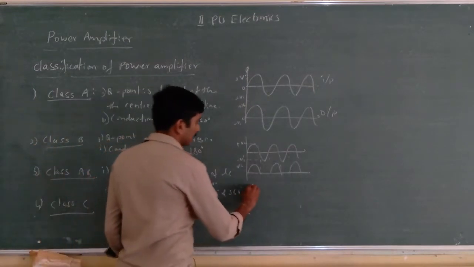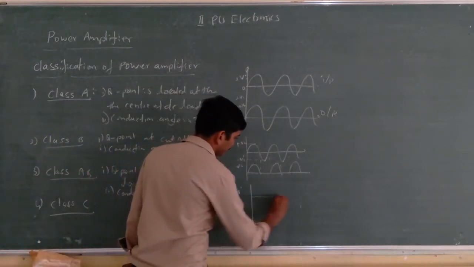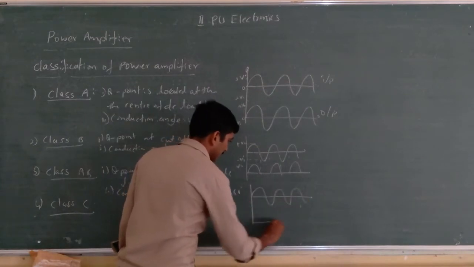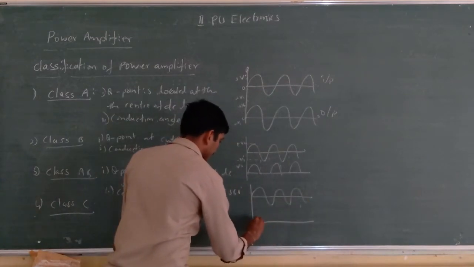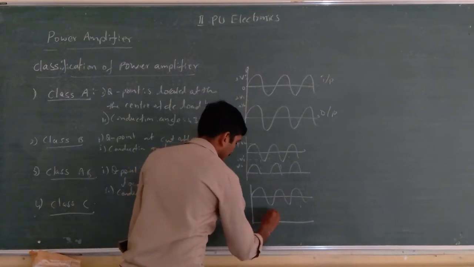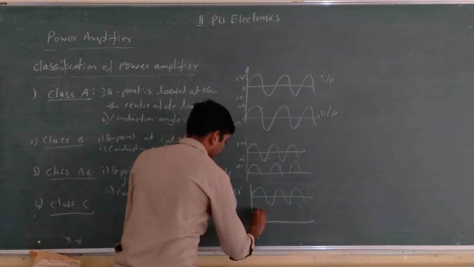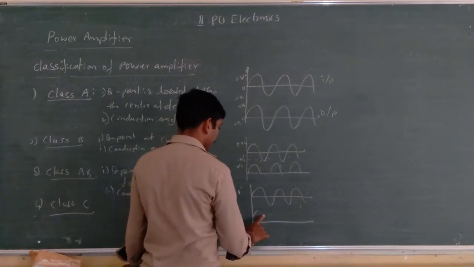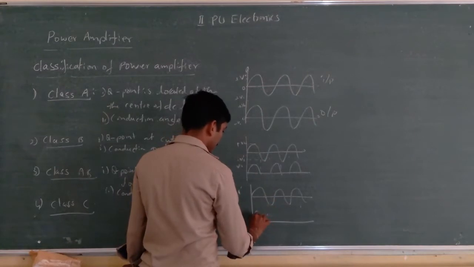So its output signal is like this. This is the input signal, and its output signal is like this. See, you will get a portion like this, and the negative half cycle is clipped off like this.